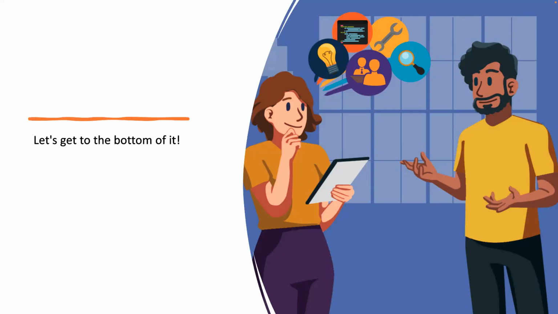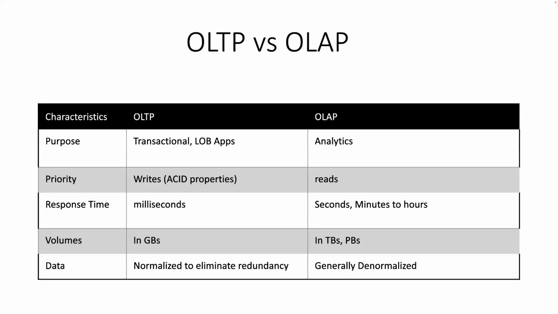So now we get into talking about OLTP and OLAP systems. The difference between OLTP and OLAP systems, as described in this table, shows the different characteristics of how you use them. Usually you have OLTP for transactional purposes, used by your line of business applications.